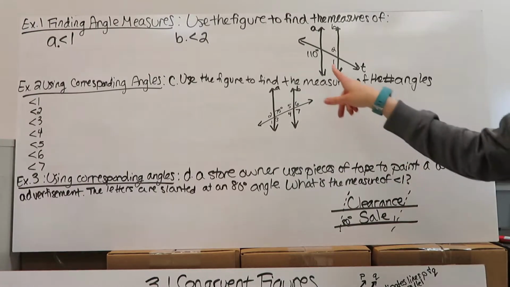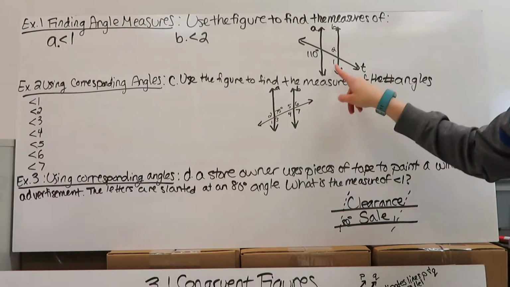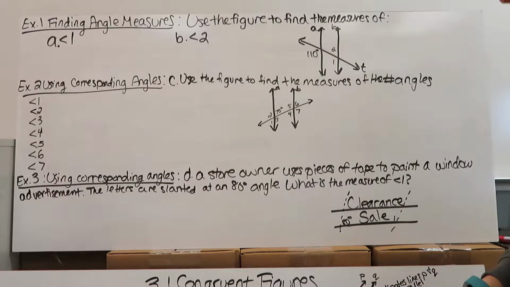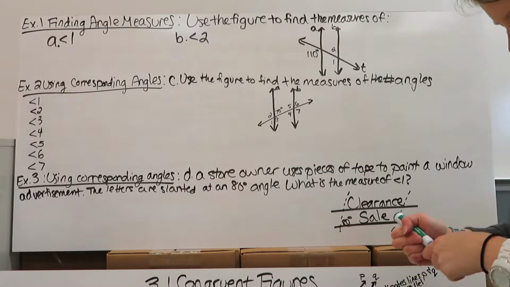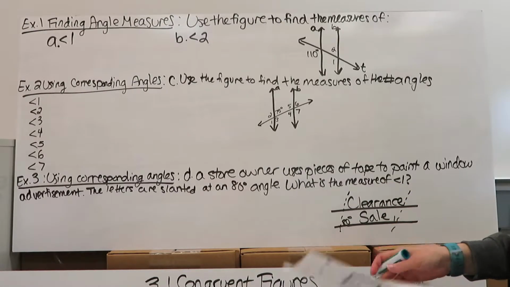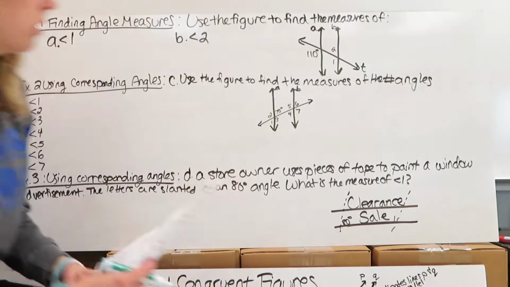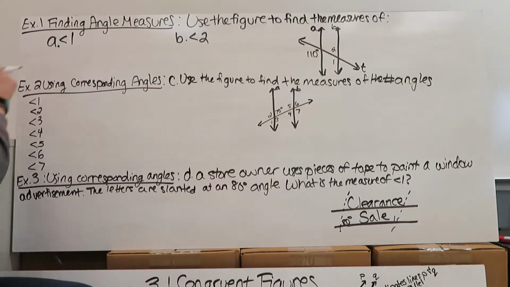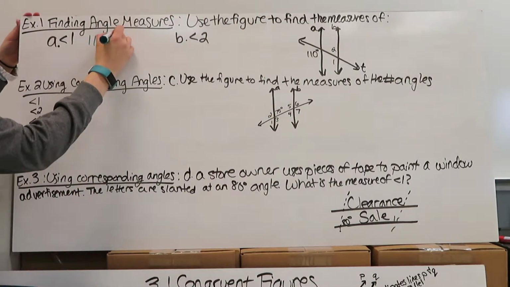We're gonna use the figure to find the measure of angle 1 and angle 2. So angle 1 is 110 degrees.